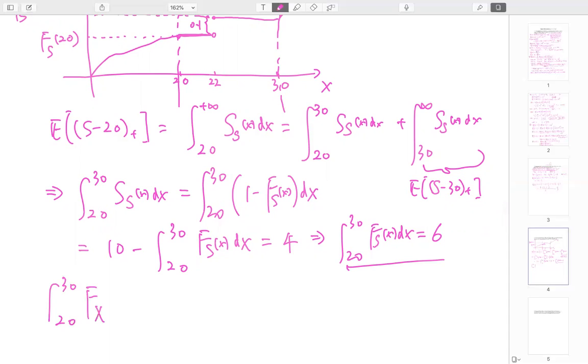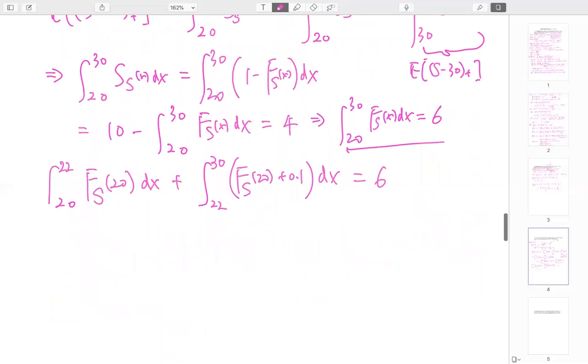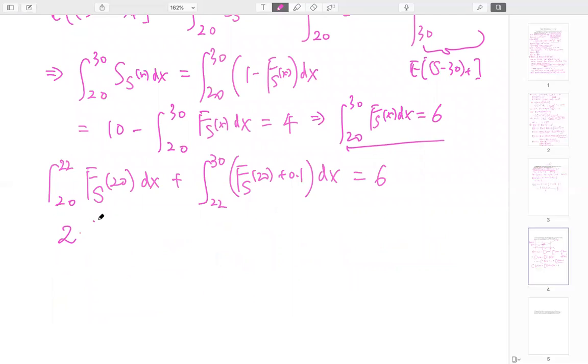For this piece, it's not a function, it's a constant according to this, right? So it's F_S(20) dx. I really like to write S, x. So here's F_S(20) dx plus, from 22 to 30, the value jumps up by 0.1. This is 6, right?